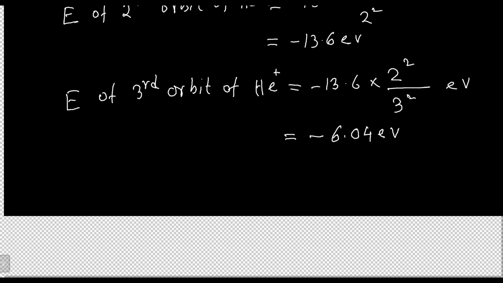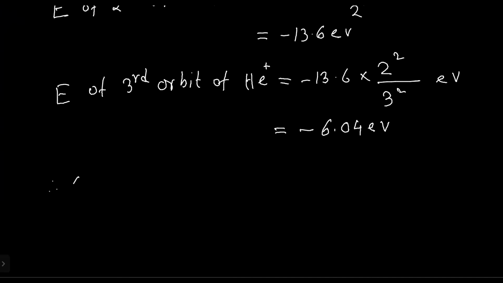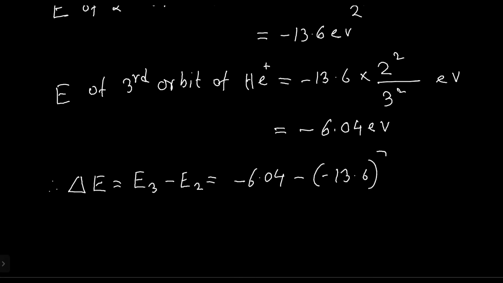Now you simply find the difference. Delta E equals E3 minus E2, which is minus 6.04 minus of minus 13.6 eV.